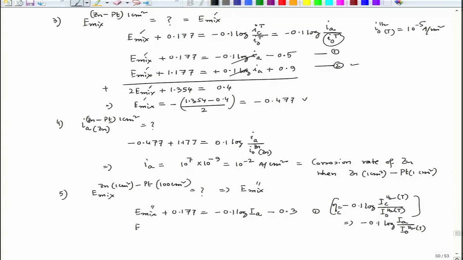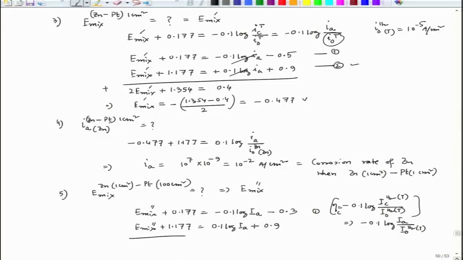Then another equation, if we consider the anodic part, 0.1 log IA minus, this will become plus, and since the zinc area is not changing, small I0 is nothing but the capital I0 in terms of magnitude.